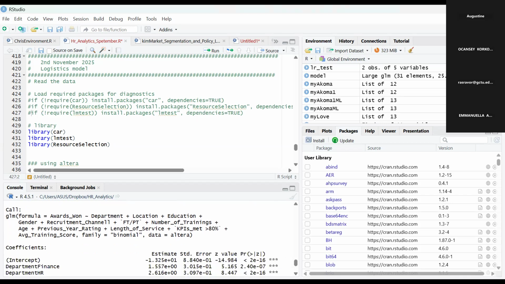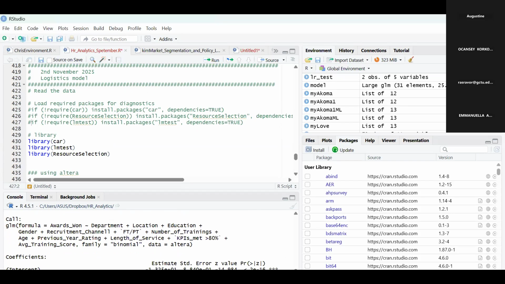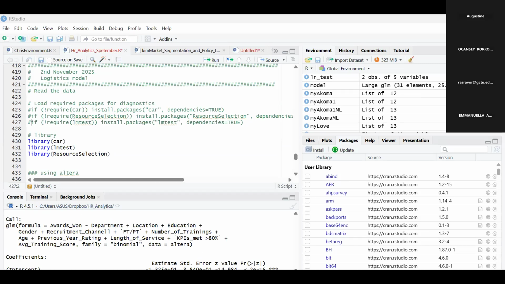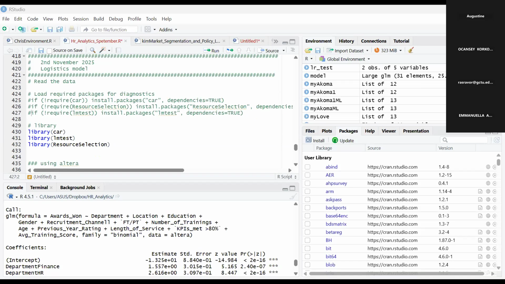I'll save it and then I will share it. And then the other thing is we would put everything together for you so that you can also be revising on it.